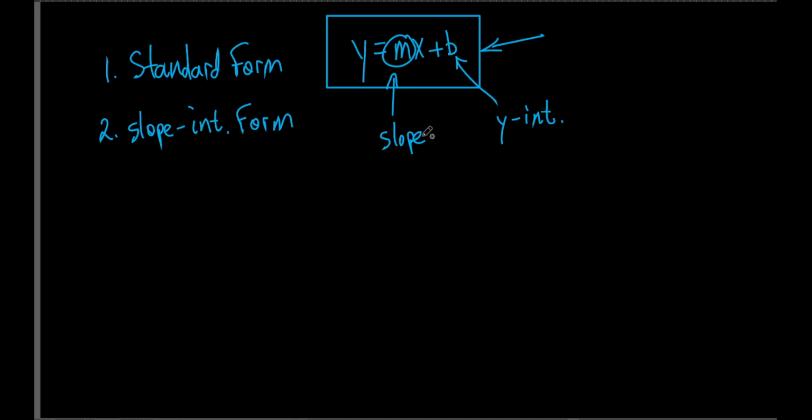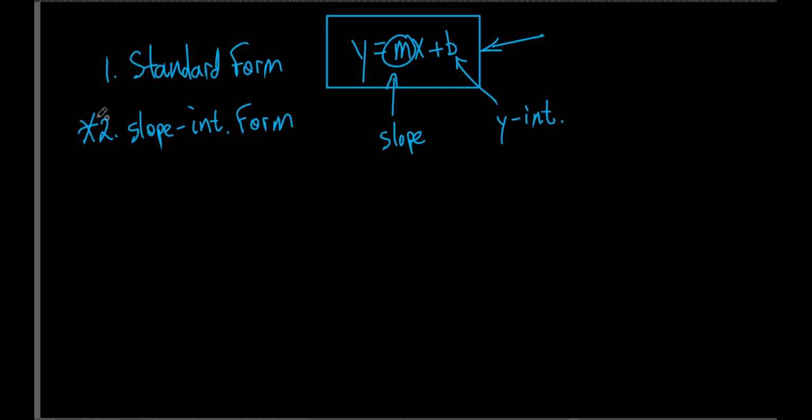So that's the one that you're probably familiar with. I doubt you're familiar with the standard form. I don't know. Do you remember doing that last year? Probably not. We don't usually talk too much about that one. It does exist. But this one right here, the slope-intercept form, put a little star next to it or something because that's the important one. That's the one that we're going to use a lot.